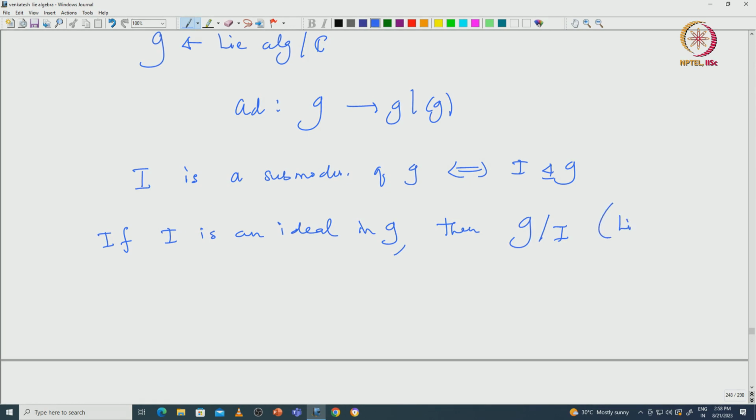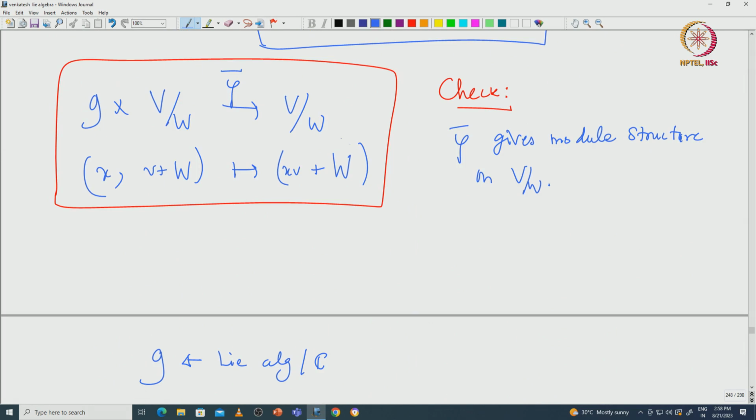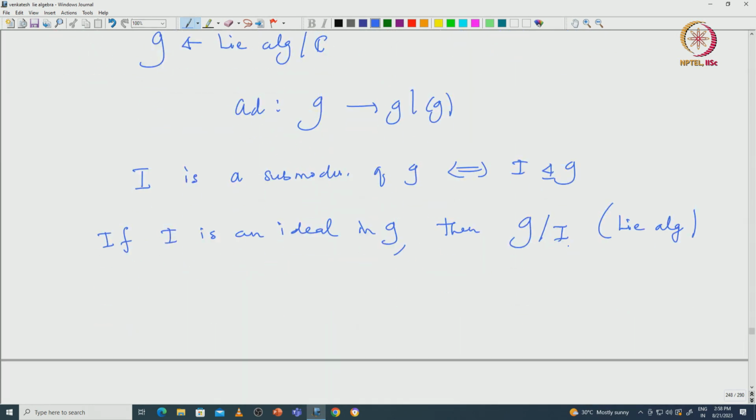This is also a Lie algebra, but one can also define the G action on this G modulo I and make it a G-module. That is what we have seen. Here we can take this quotient and make it into a module for G.